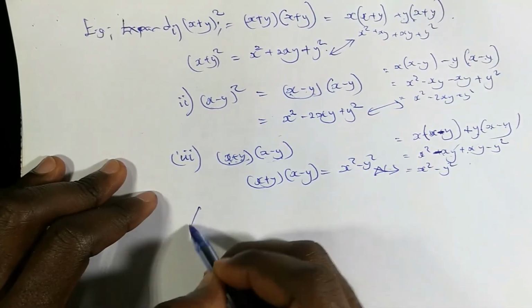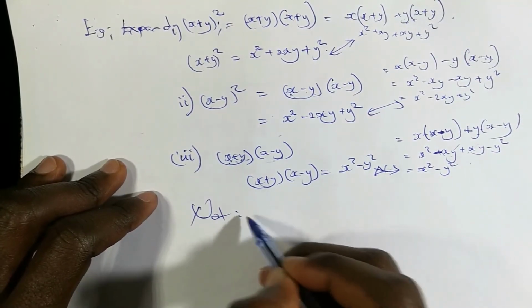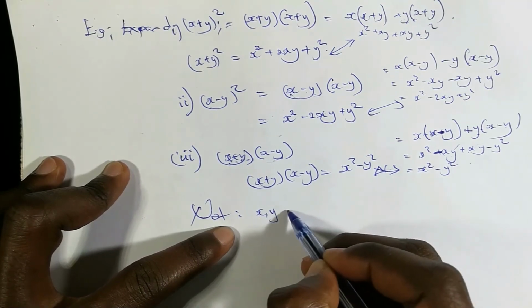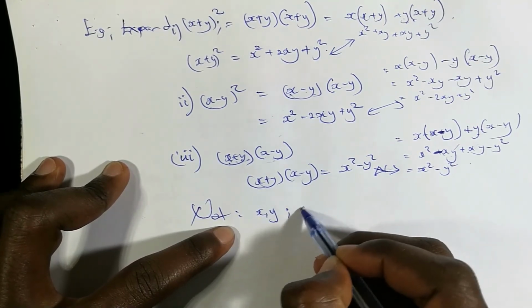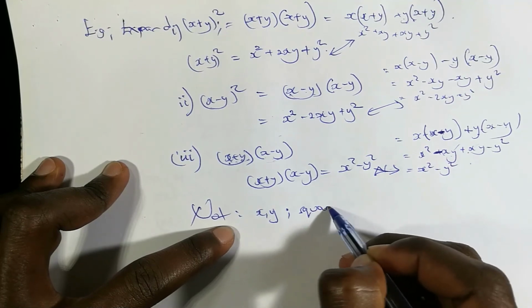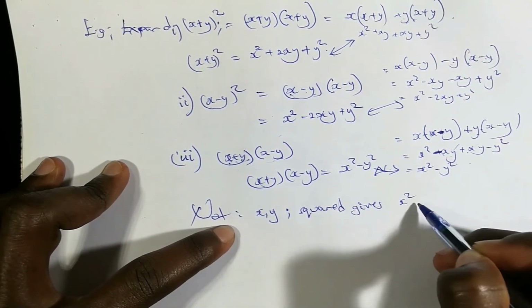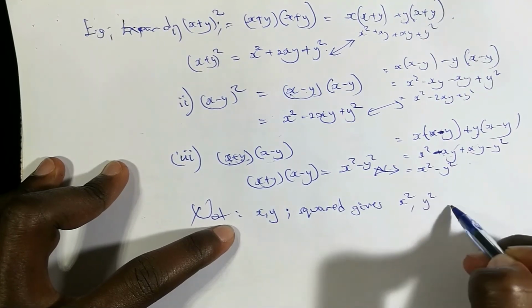I want us to note this, considering x and y, they are squares, x squared, y squared respectively.